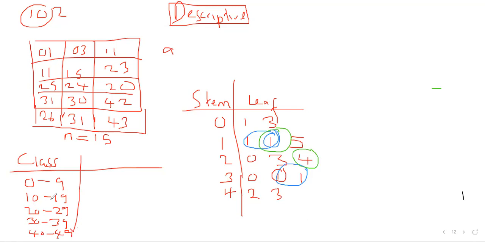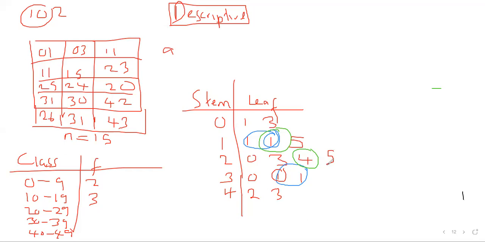So how many do we have? 0 to 9, we have 2. Then 10 to 19, we have 3. Then for 20, we had 23 and 24. There are 3.